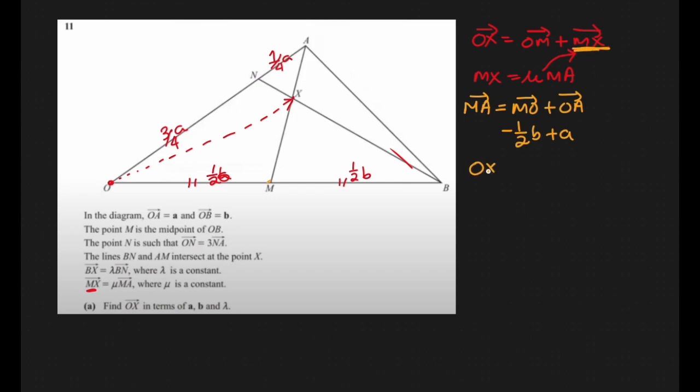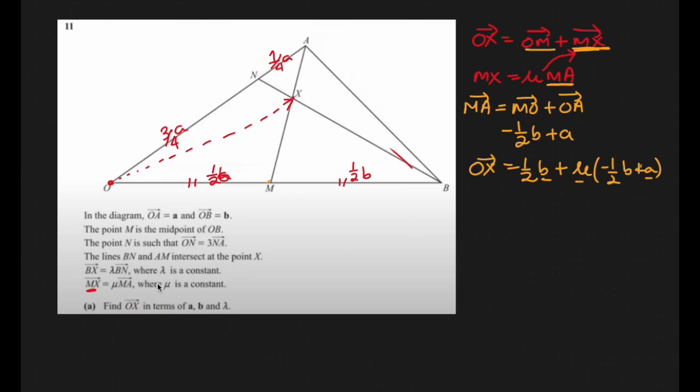So now OX is OM, which is half B, plus mu times MA. MA is minus half B plus A. Okay, so we got OX in terms of B, A and mu.